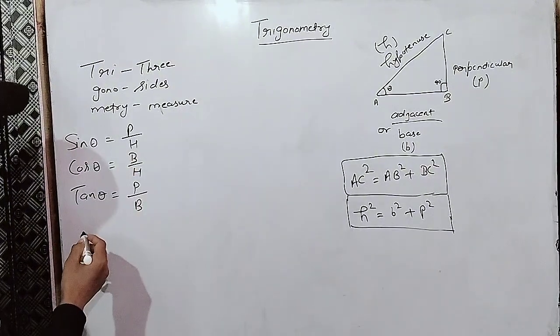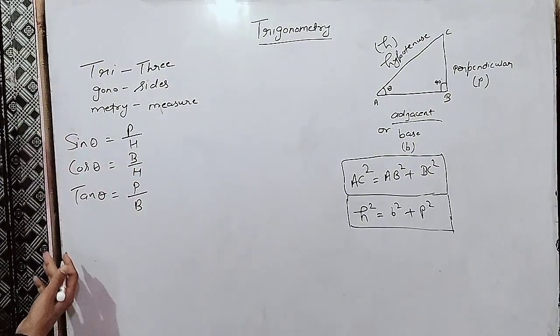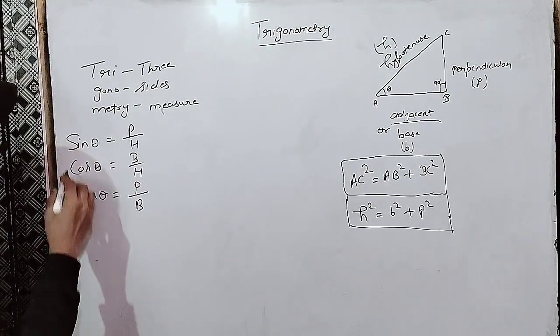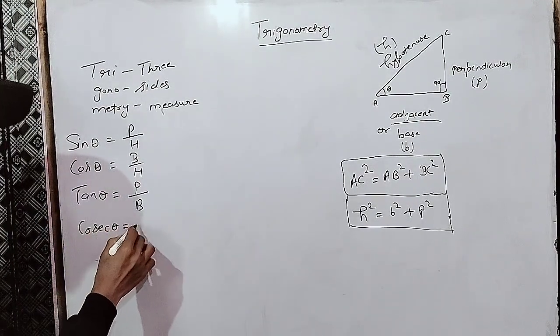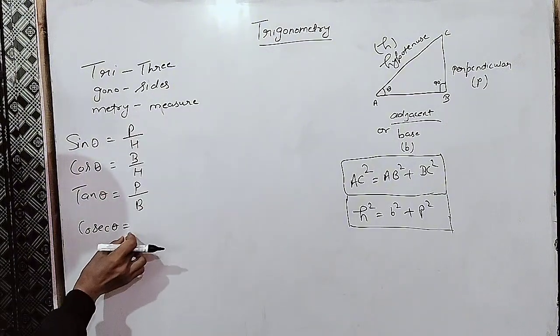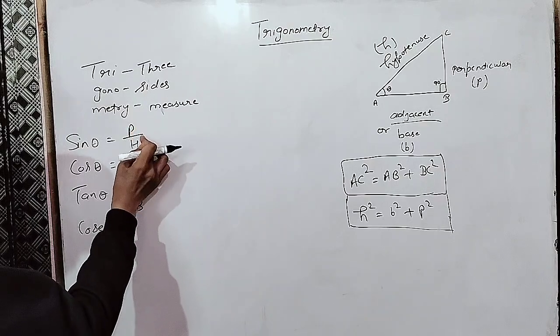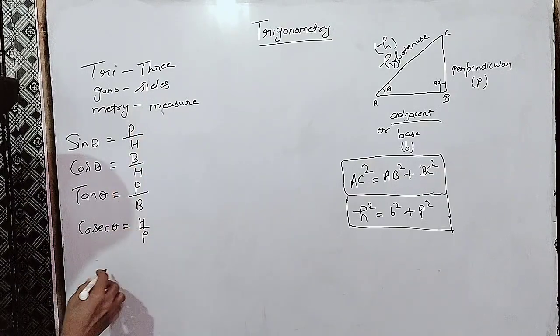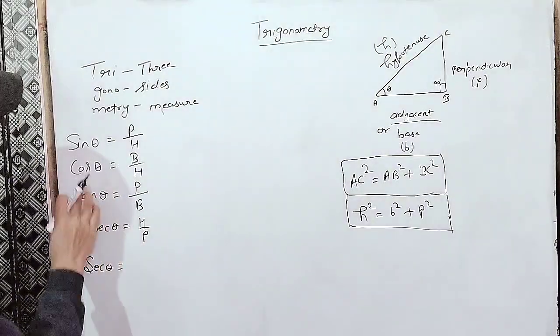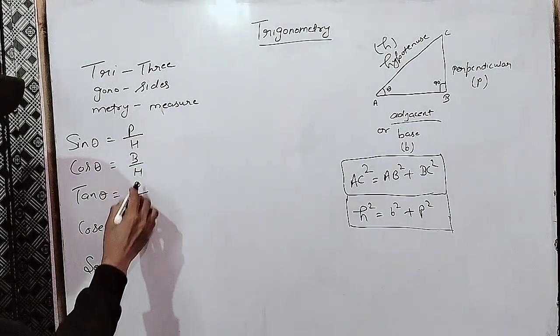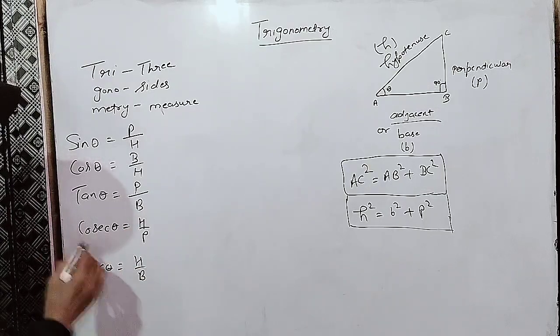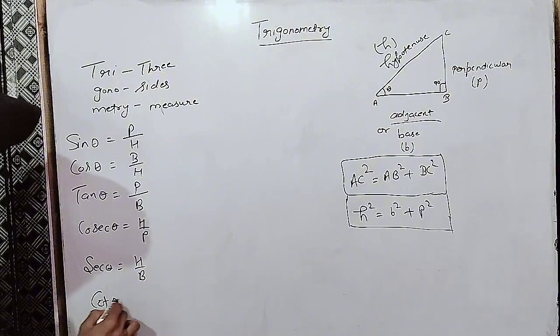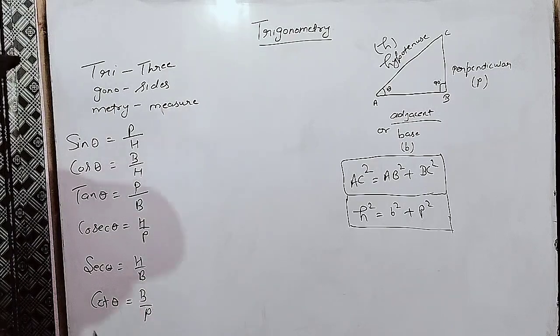Now we can write the values of the rest. The reciprocal of sin is cosec, which would be H by P. The reciprocal of cos is sec, which would be H upon B. And the reciprocal of tan is cot, which would be B by P. This is how to write the values of these ratios. Clear?